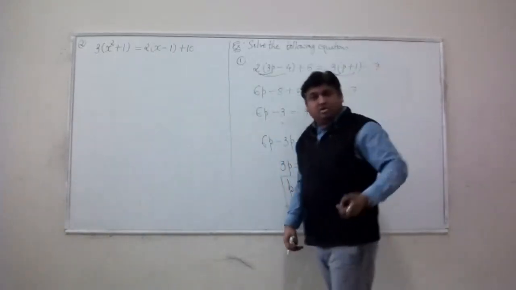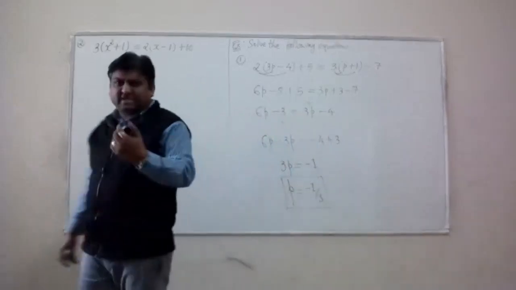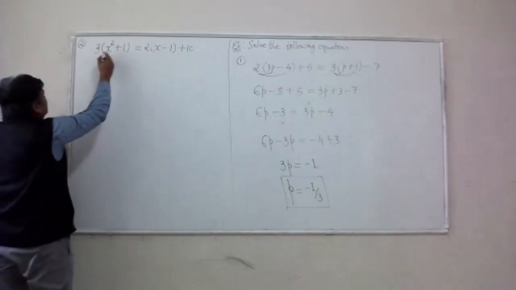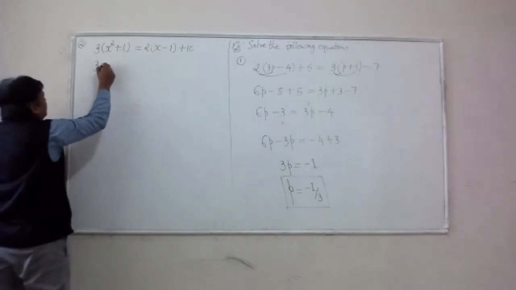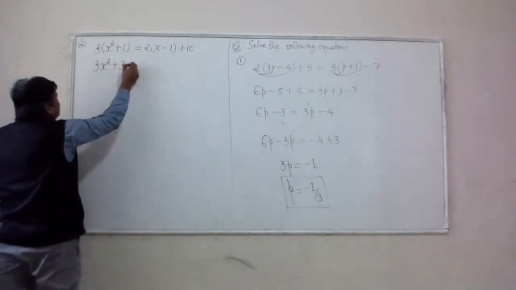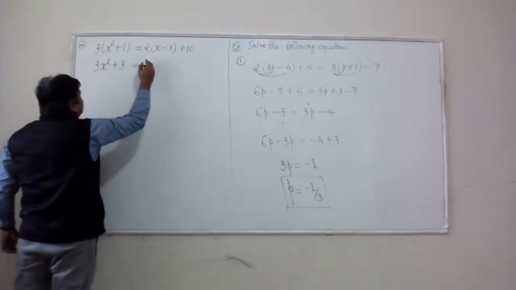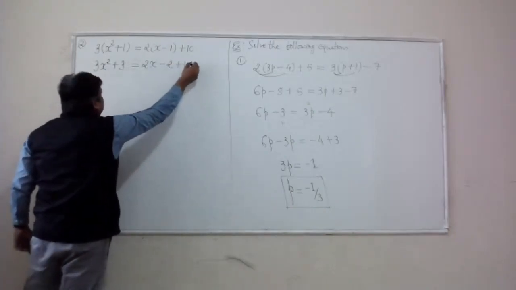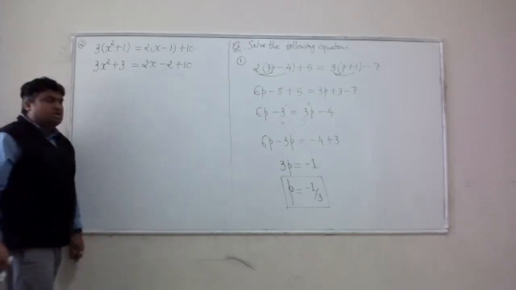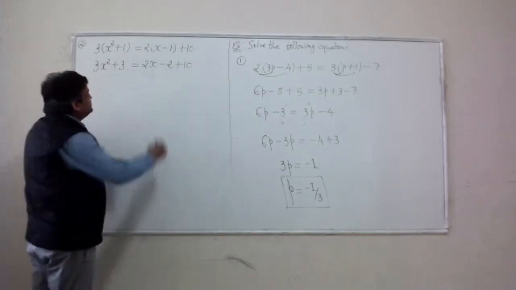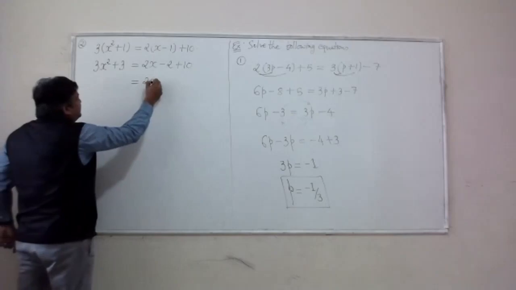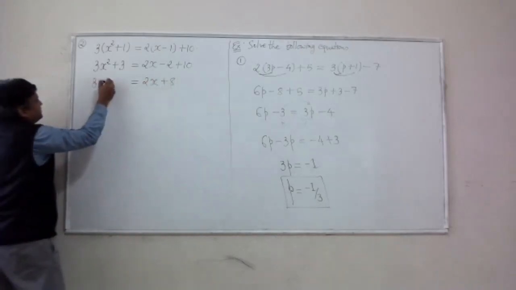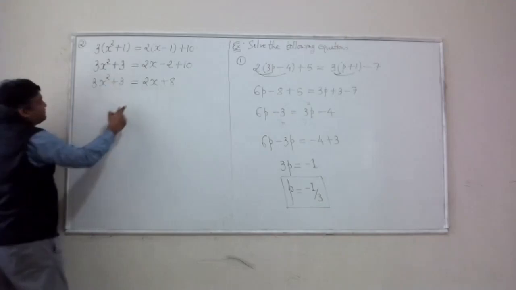It's an example of a quadratic equation. Let's carefully simplify both expressions. I'm going to distribute 3 over both terms. So I get 3x squared plus 3. I'll distribute 2 over both terms. So 2x minus 2 plus 10. All right. Simplify those numbers. I get 2x plus 8. On this side, we have 3x squared plus 3.